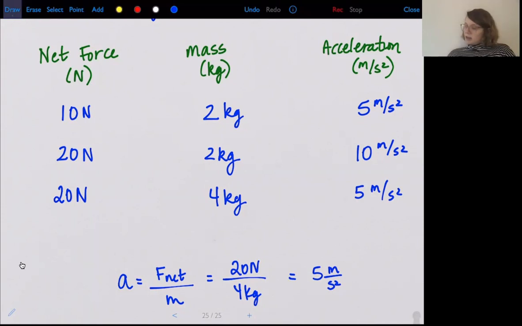Let's say that, what if I increased the acceleration to 20 meters per second squared, and I'm going to go back to my 2 kilogram mass.